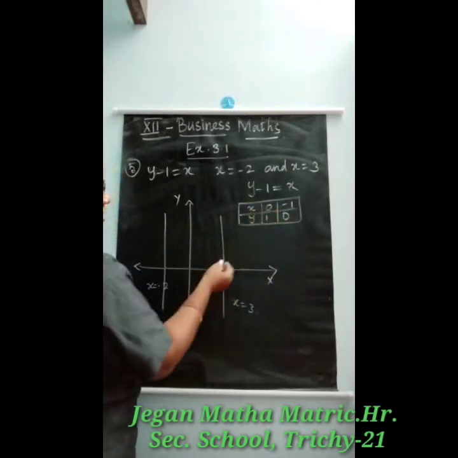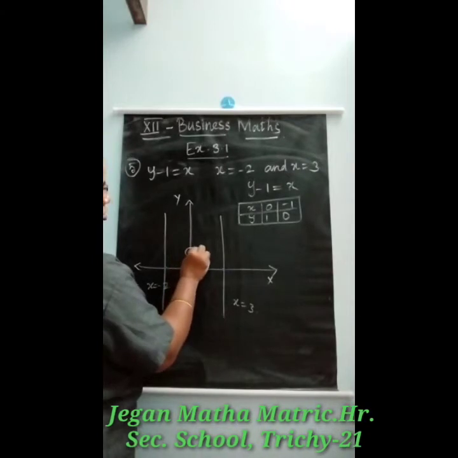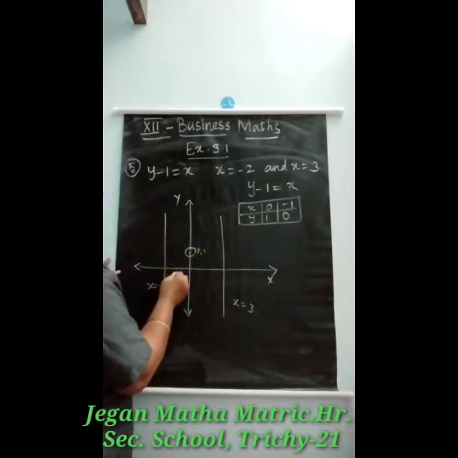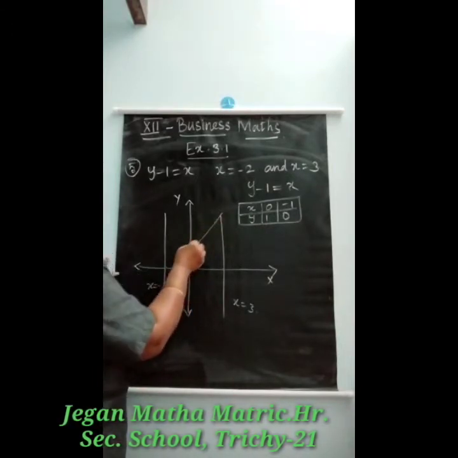And plot the points 0, 1 and minus 1, 0. So here minus 1, 0. So we have to draw the line like this.